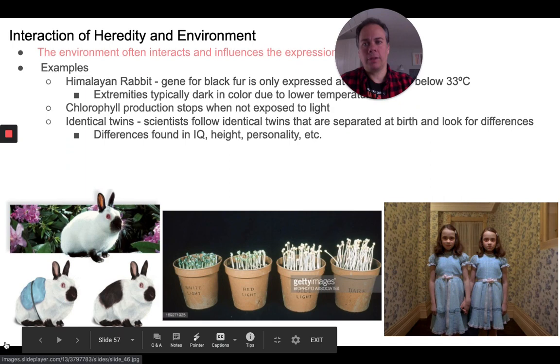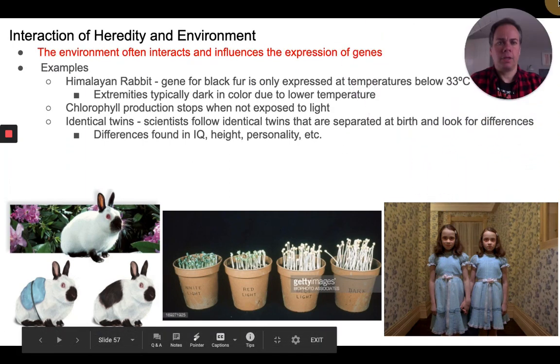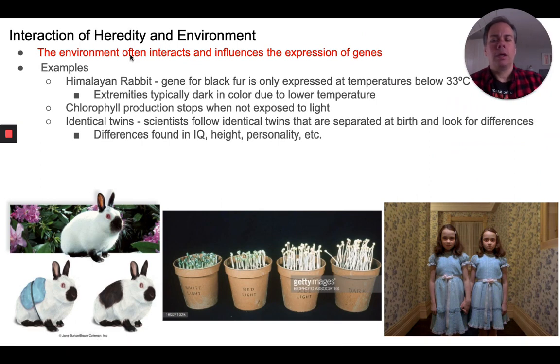And then the last thing we'll talk about is the environment. So the environment often interacts with the genes, and the sequence of bases in an organism isn't the only thing that determines the traits of that organism. Often the environment interacts with those genes and can alter the expression of those traits. For example, here we have a Himalayan rabbit, which is an interesting example.